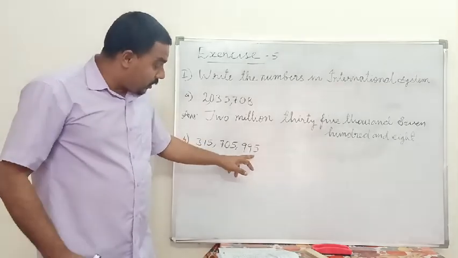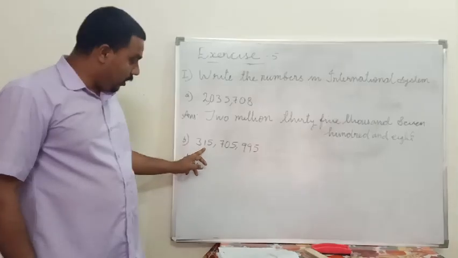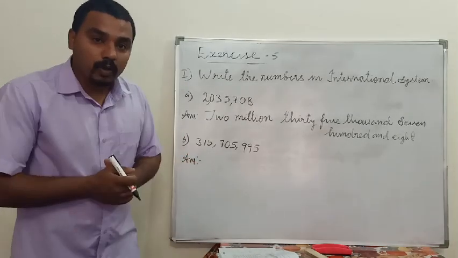See the next question. Count it: ones, tens, hundreds, thousands, 10,000, 100,000, million, 10 million and 100 million. So how to write this in words?